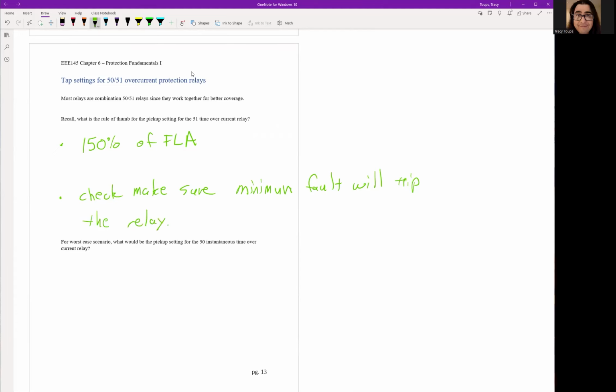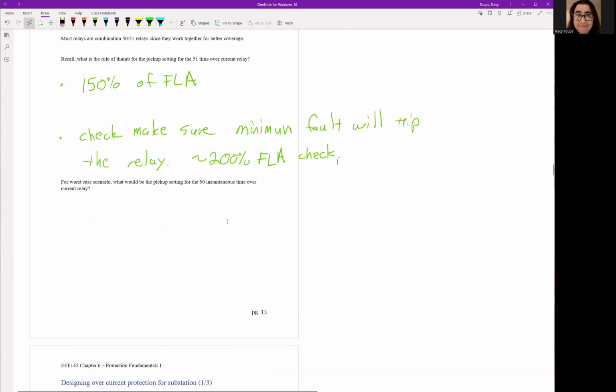And you could, again, use software simulation. A good rule of thumb is about 200% full load amps as your minimum fault. So let's check at 200% full load amps. The relay should start operating.